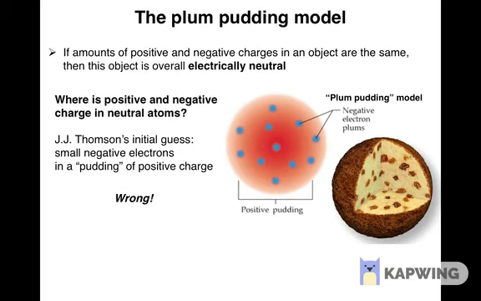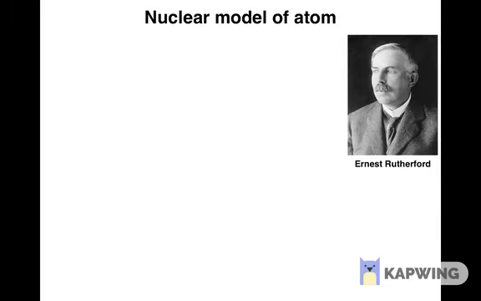In 1911, another British physicist, Ernest Rutherford, designed an experiment to test J.J. Thomson's idea. His experiment used alpha particles. Right now, we don't need to know exactly what they are. Let's just say that they are particles smaller than atoms that are produced in radioactive decay.